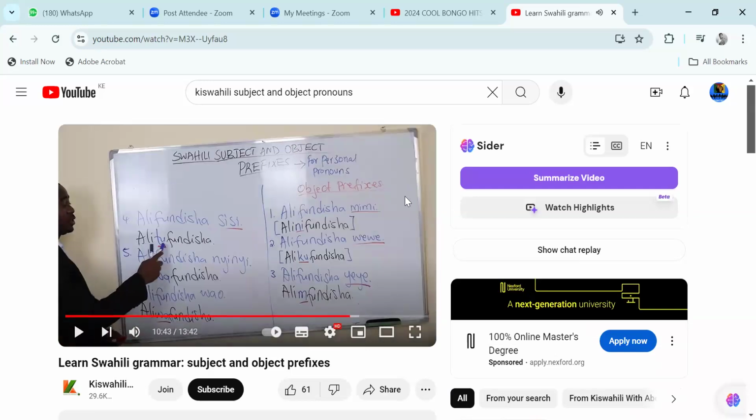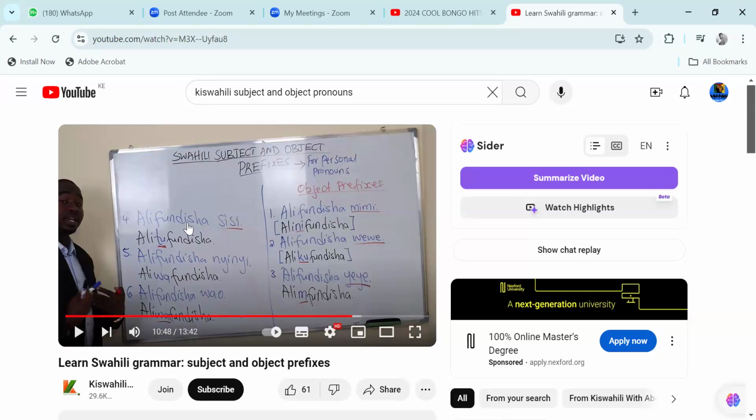Yeah. So let's hold it there. So you see, in the previous aspect, he had missed the word yeye. The yeye which is in this aspect is very important to us. So yeye here to be alifundisha yeye. You remember after wewe we go to yeye. Now it's like he moved it to the prefix before we move to the plural.